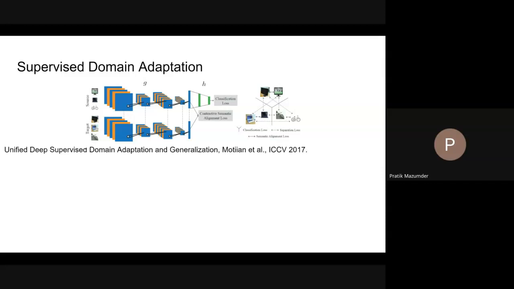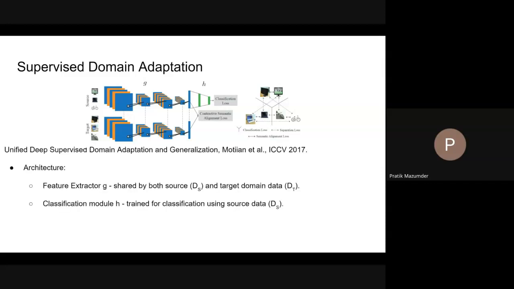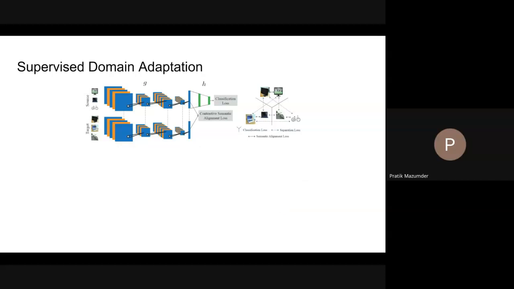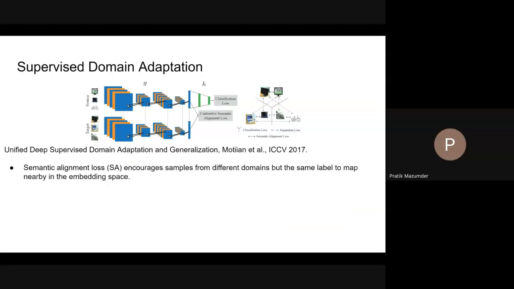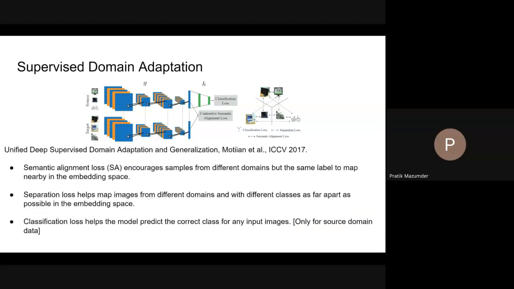As I mentioned, the architecture has a shared feature extractor that is used by both the source and target domain data, and the classification module is only used for classification of the source data. Now, we have basically three losses in this setup. First is the semantic alignment loss.